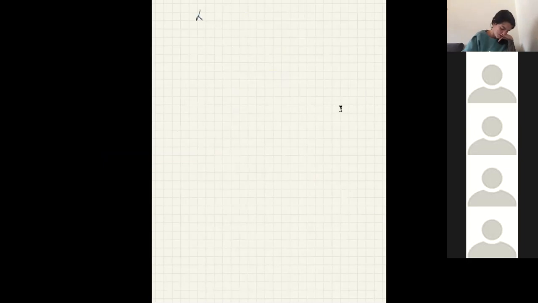Okay, so let's put here the line and here the qubit and try to see what things are the same. So on the line we have this basis x. And then we have the basis p.